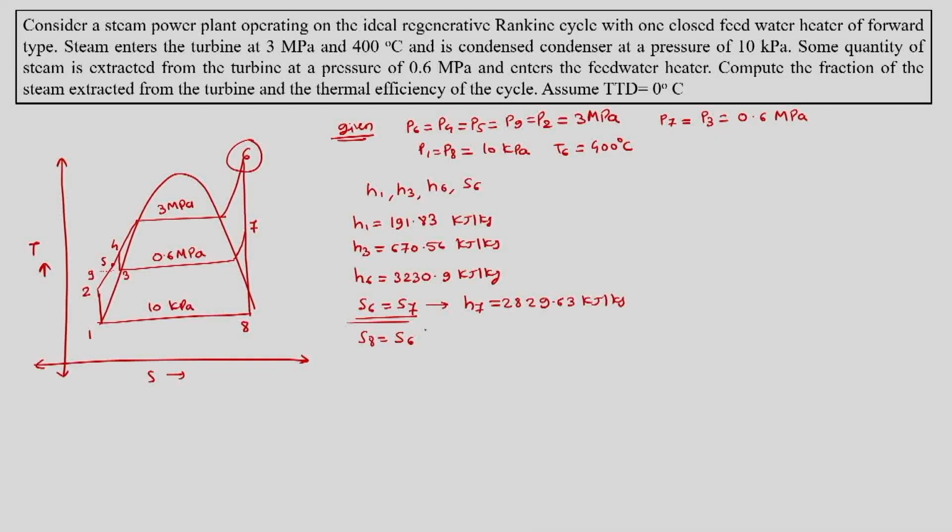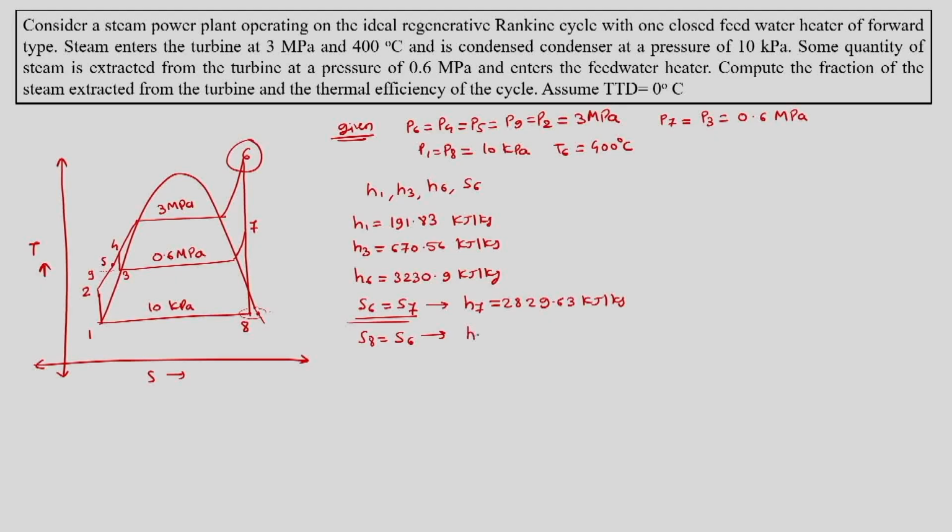Having said this, we can go ahead and find in the same way that S8 is equal to S6, and from that we can get the enthalpy at state 8. Here we again need to see whether this point 8 has entropy higher than the saturated vapor phase or lower than the saturation vapor phase, and accordingly we would have to calculate dryness fraction if it is lower.